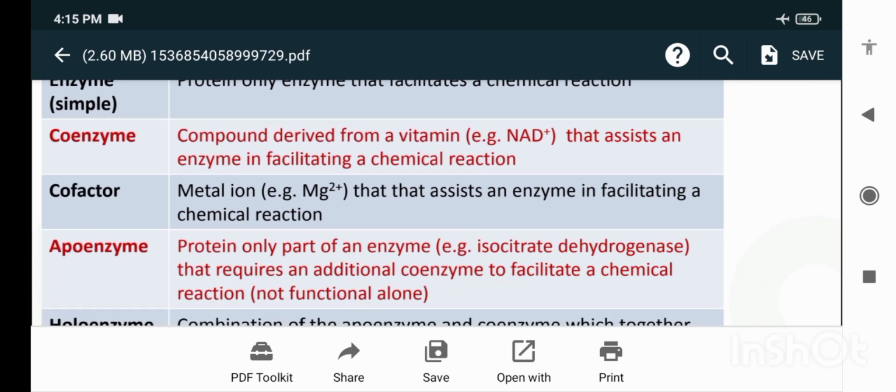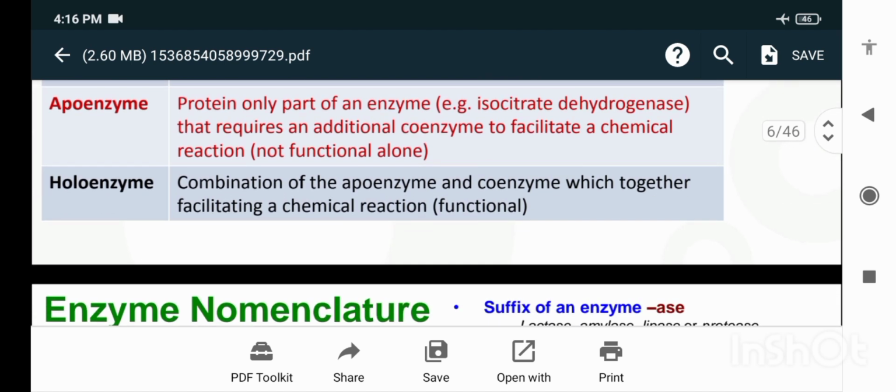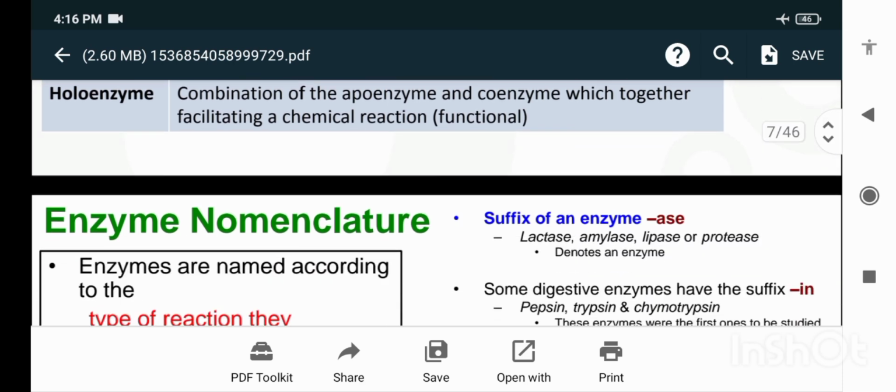Cofactor: metal ion, example magnesium 2+ ions, that assists an enzyme in facilitating a chemical reaction. Apoenzyme: protein-only part of an enzyme, example isocitrate dehydrogenase, that requires an additional coenzyme to facilitate a chemical reaction, not functioning alone. Holoenzyme: combination of the apoenzyme and the coenzyme which together facilitate a chemical reaction.